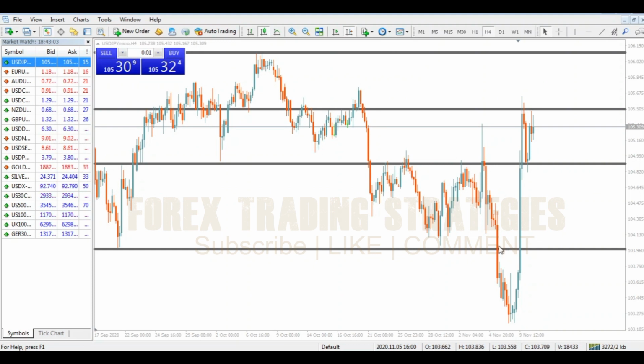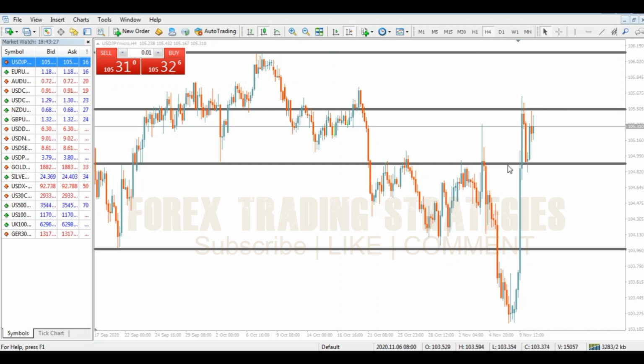There it dropped down with force. That's why it went all the way down. There it came up with force. That's why it left this level and reached this level before creating another candle there. This is 4-hour candles, and reached this point and came down.